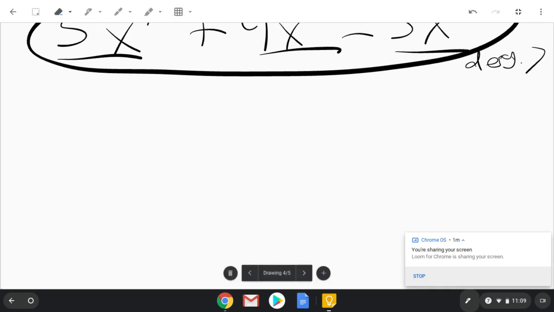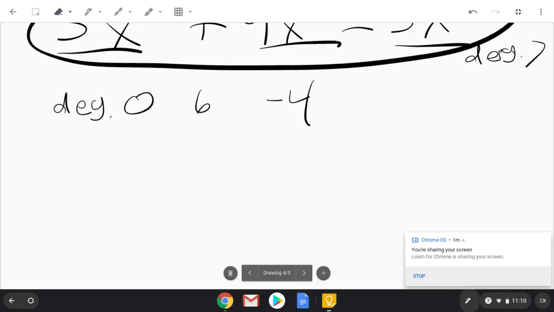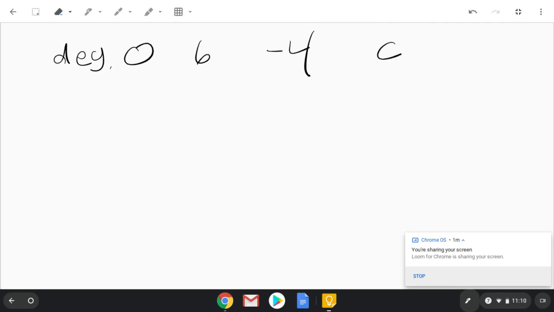Now, there are some of these degrees that we specify that we actually like to look at. If it is a degree 0, that means the highest exponent is 0, and that would be just your plain Jane numbers. So 6 would be a degree 0 polynomial, or -4. These are called constant.